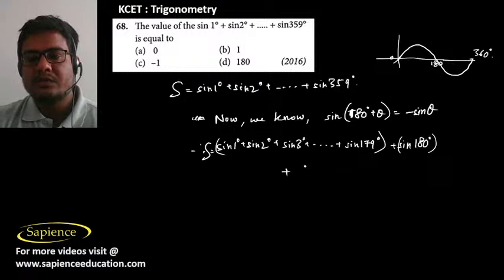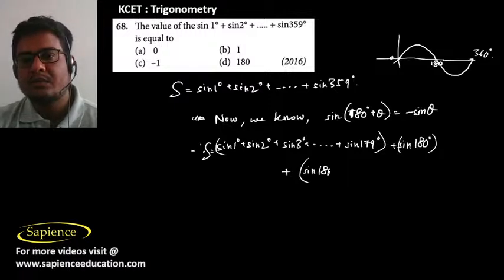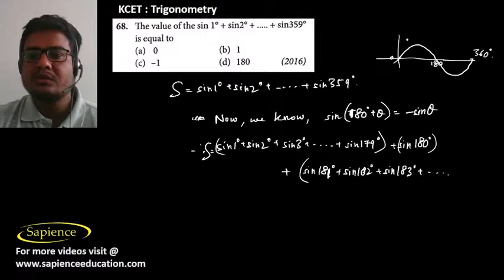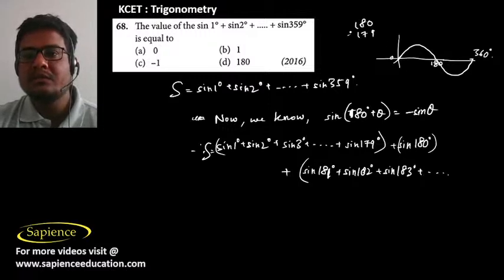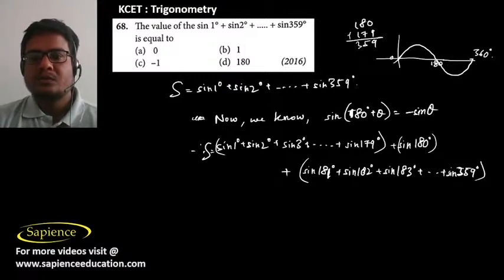Then plus, we can write, sine pi plus, with sine 180 degree plus 1 degree, that is sine 181 degree, plus sine 182 degree, which is obviously 180 plus 2 degree, plus sine 183 degree, then plus 180 plus 179, that is obviously 359 degree. So this is sine 359 degree. So this is obviously the negative of these things.